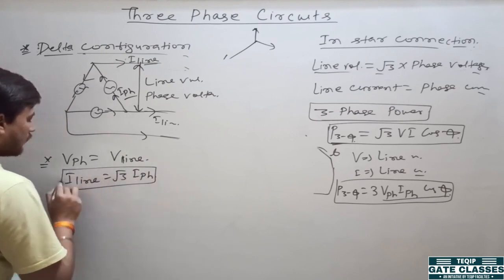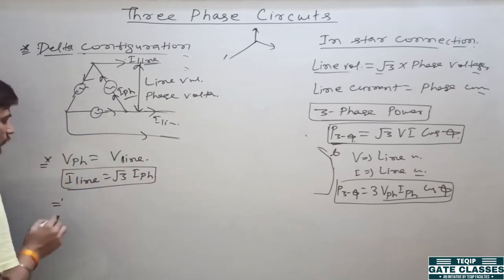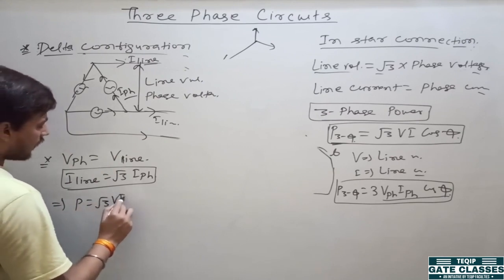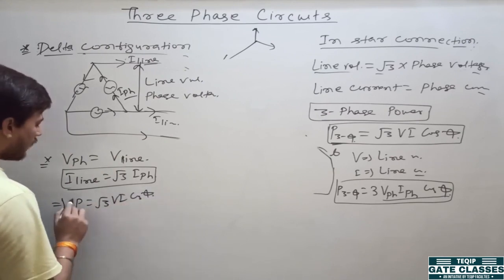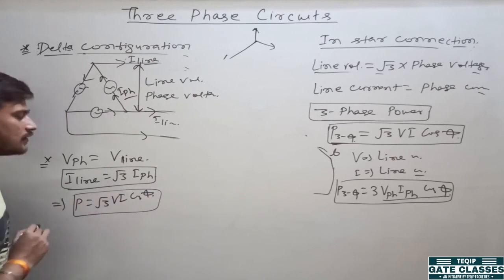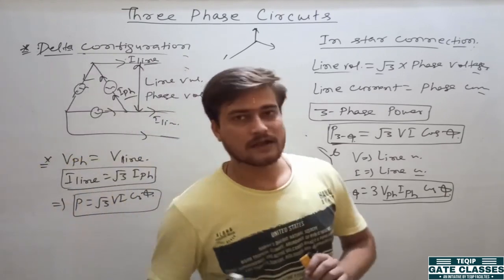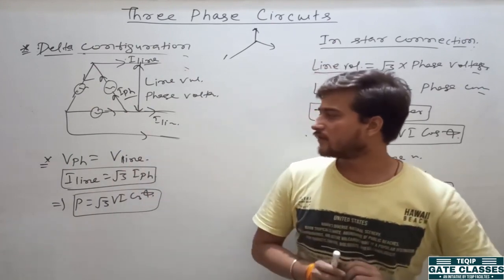Clear? Now if you write the formula for power, power will be same. Here it will be root 3 VI cos phi, where V and I are line voltage and line current. Clear? So this is the equation of power in the case of delta configuration.